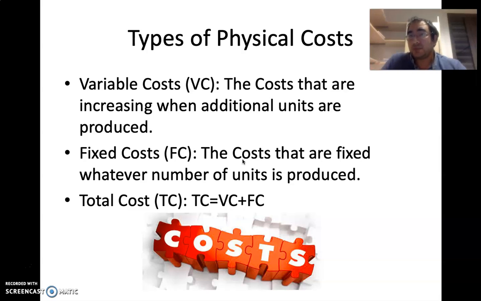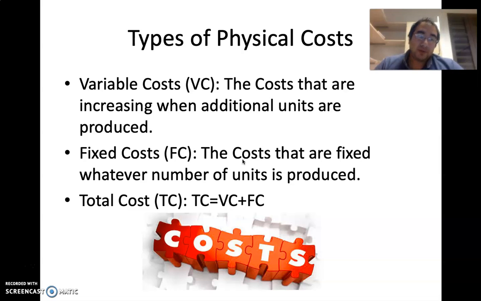They don't vary that much when the output produced changes. For example, machinery in factories, or the infrastructure, the building of the factory, might be considered a fixed cost, while raw materials are clearly a variable cost. That cost increases when you produce more.